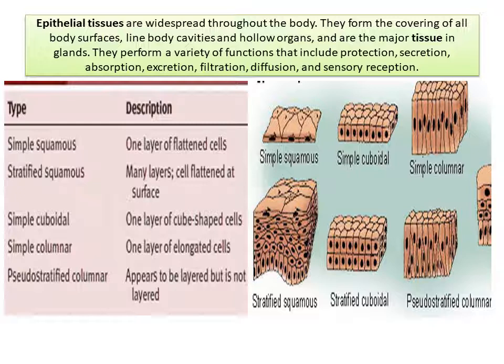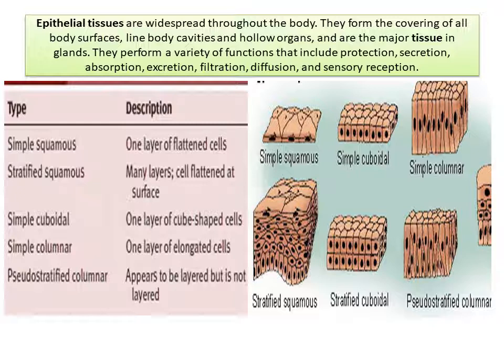What is sensory reception, children? Sensory reception is sensing few things. You know, our skin is also a type of epithelial tissue and our skin is the sensory organ. So the senses are perceived by some special type of epithelial cells.